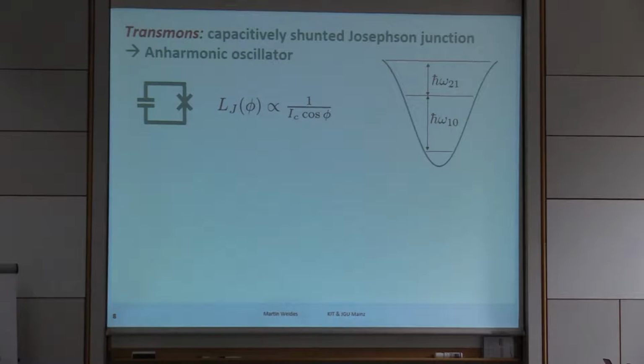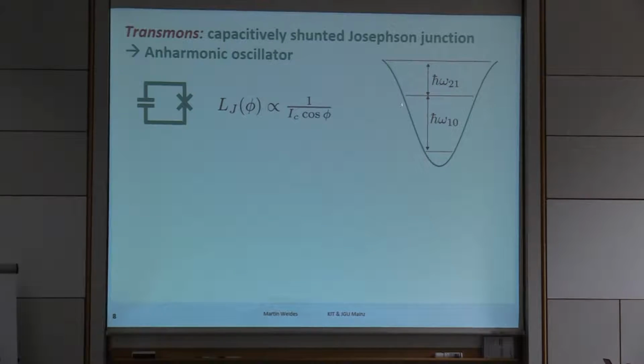So the transmon, we had a short introduction today, but let me just sum it up. A transmon is a very simple type of superconducting qubit. We have a Josephson junction here depicted by this cross, and this is a point-like nonlinear inductor, and it's capacitively shunted. So it's an LC oscillator where the inductance is nonlinear.